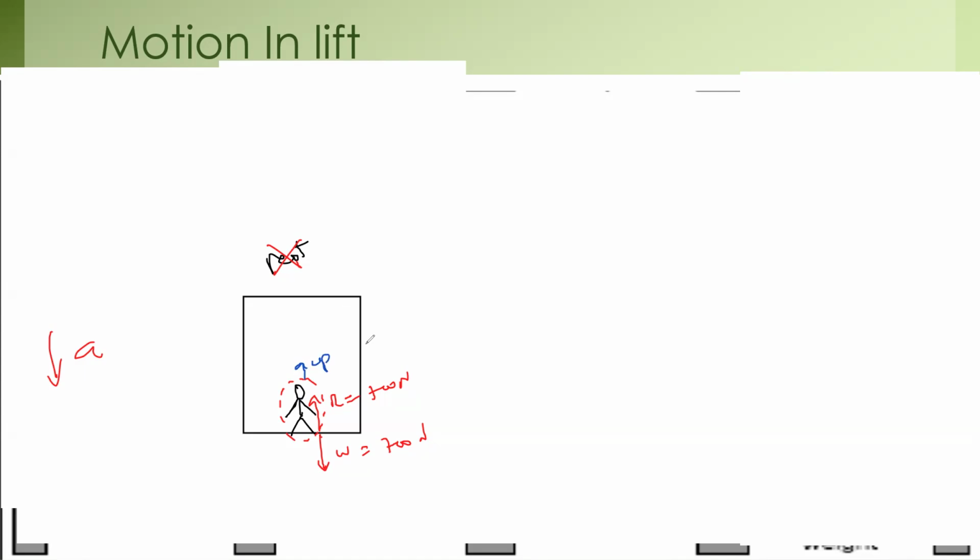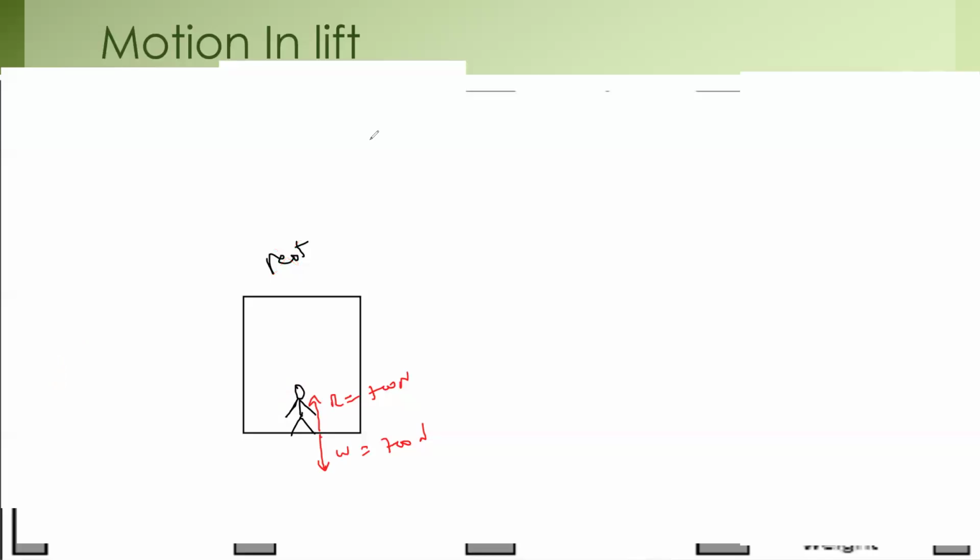So what actually happened, for example, if a body applies an upward force of 100 Newton, as a result, what will happen? The total force, because this was a reaction force when the object was at rest.